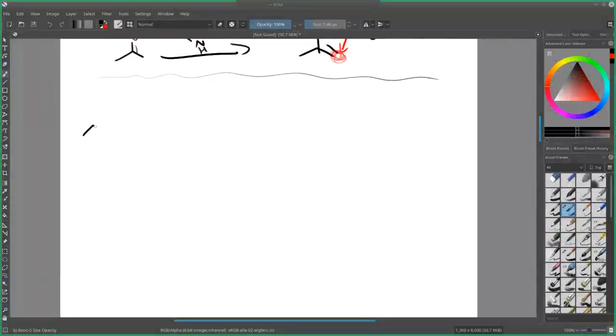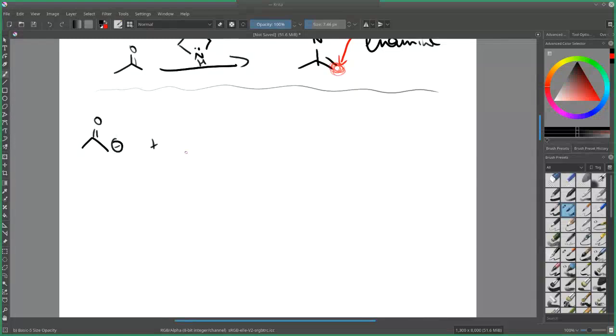Okay? So let's say that we have this enolate and we add it to, I don't know, another one of these, right? Then the electrons will attack from here like a regular nucleophile and push this up to there.